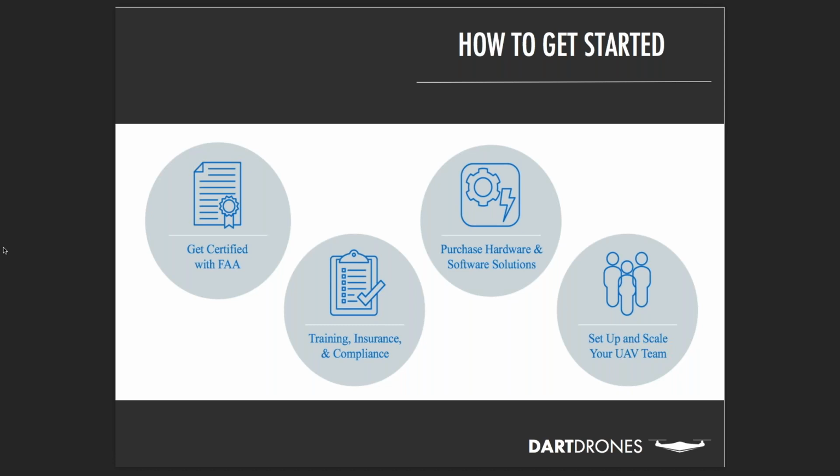And again, the best way to do that is to start with a trial with one person, figure out how your workflow is going to be changed by this drone data, and how you're going to want to best utilize it in the most effective way possible.